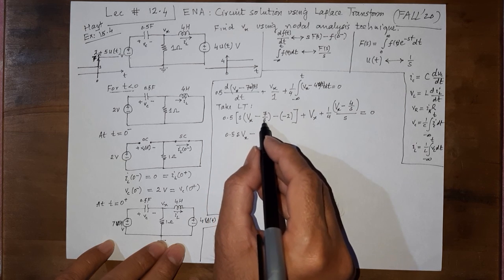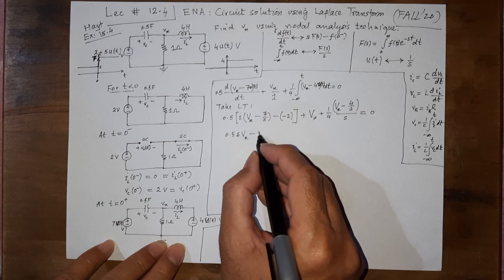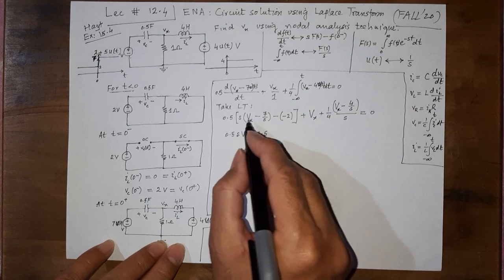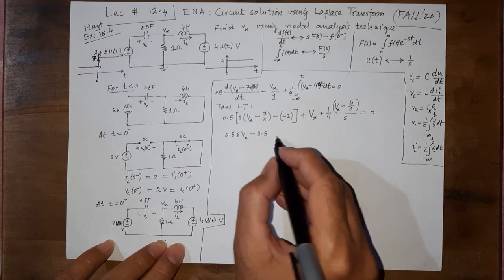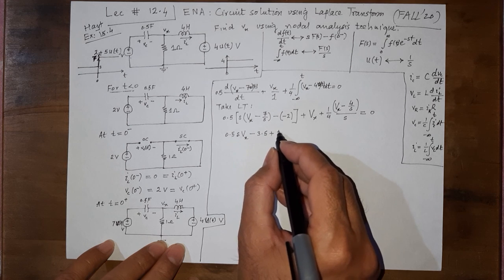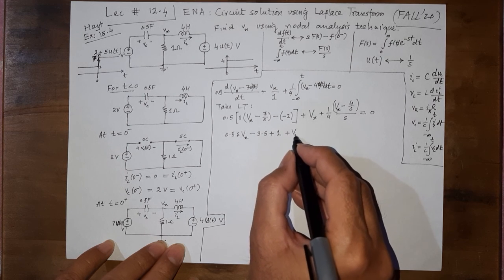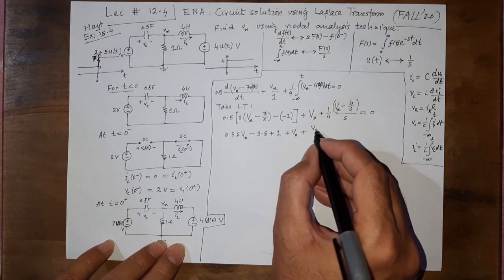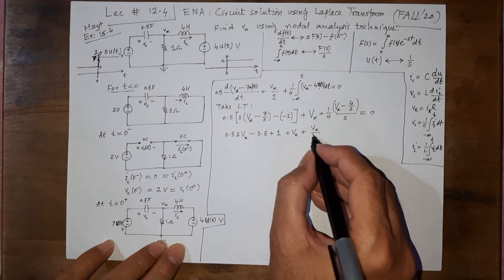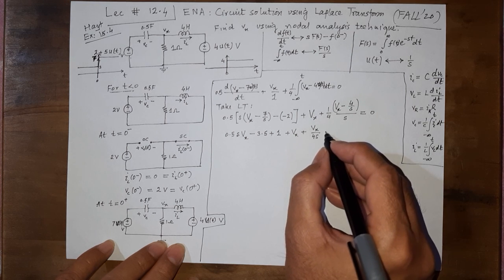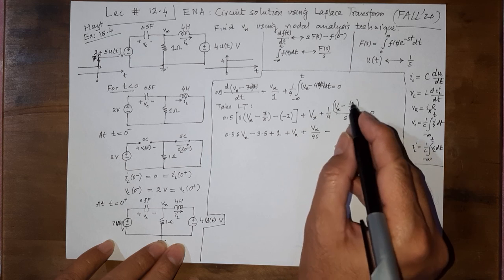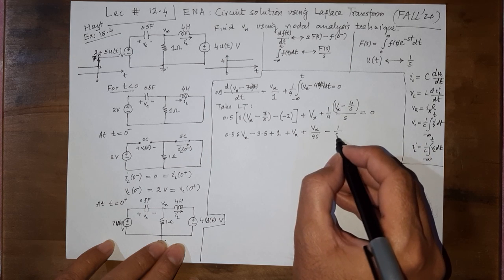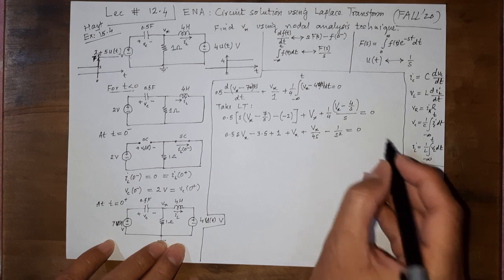So s multiplied by this s is going to cancel, and 2 into 0.5 is plus 1, plus Vx, and we are going to have plus Vx over 4s minus 4 cancels with 4, 1 over s square is equal to 0.